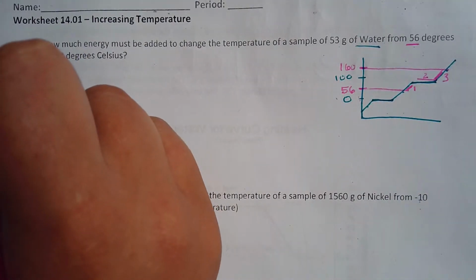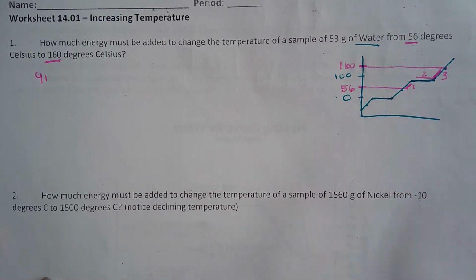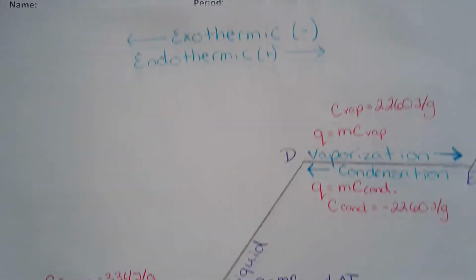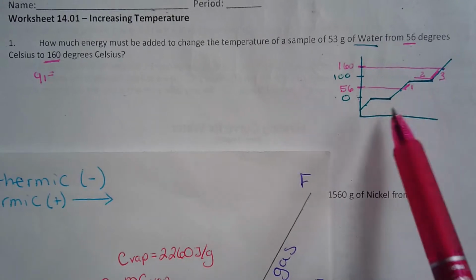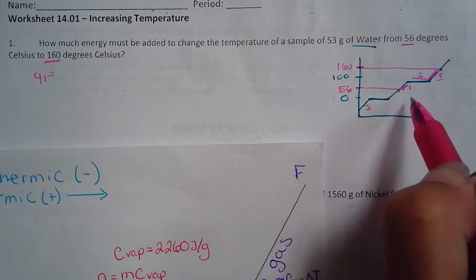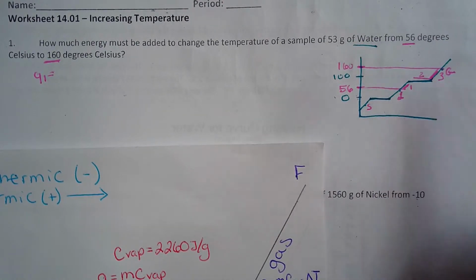For Q1, we're going to call that first section Q1. If we look at our heating curve, we are in our liquid phase, right? This is our solid, our liquid, and our gas. So we are in the liquid phase.